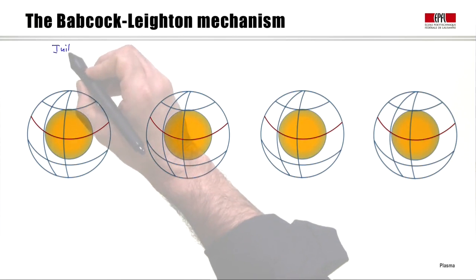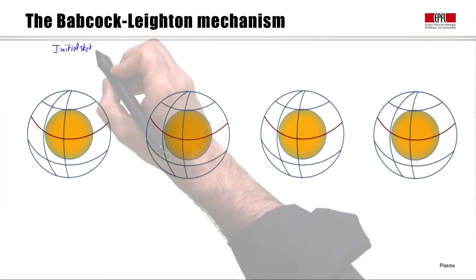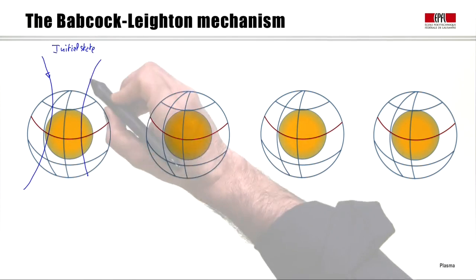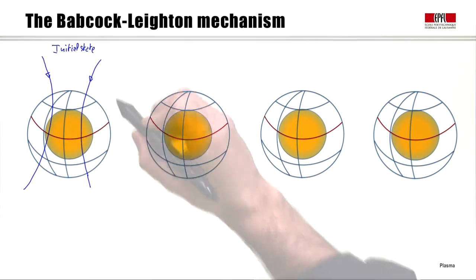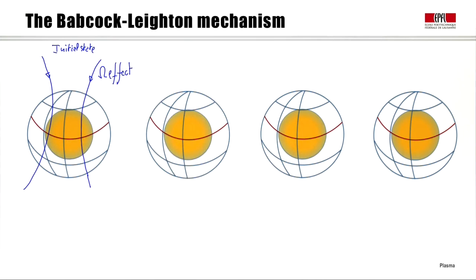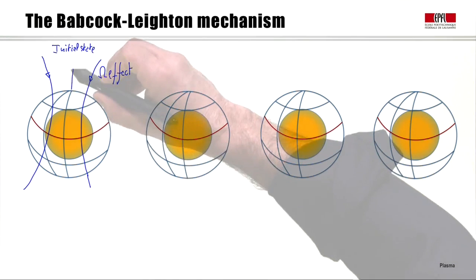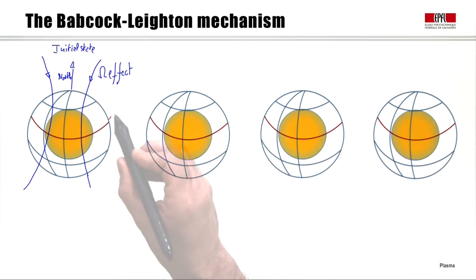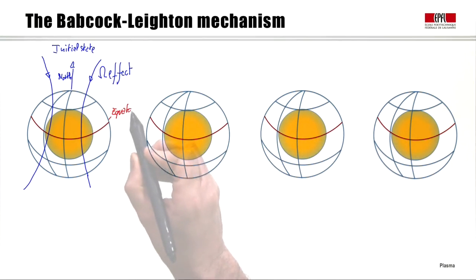To illustrate the Babcock-Leighton mechanism, let's consider the initial state where only magnetic field lines, which are poloidal, are observed in the Sun, and they enter the Sun from the North Pole and exit from the South Pole. The equator of the Sun is indicated here by the red line.